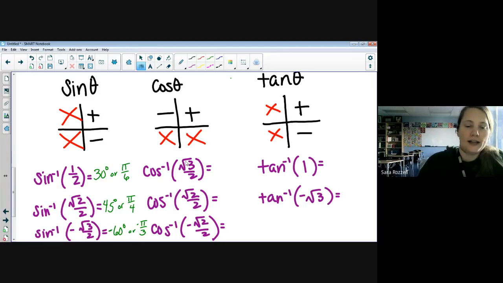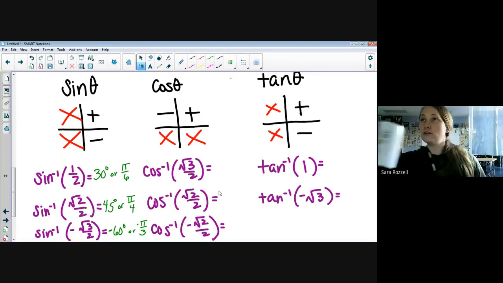Okay. All right, let's look at the cosine. I want you to try the first two on your own. Just write what the angle measure would be if cosine was root 3 over 2. And if cosine was root 2 over 2, what are those angle measures? So look at your triangles.